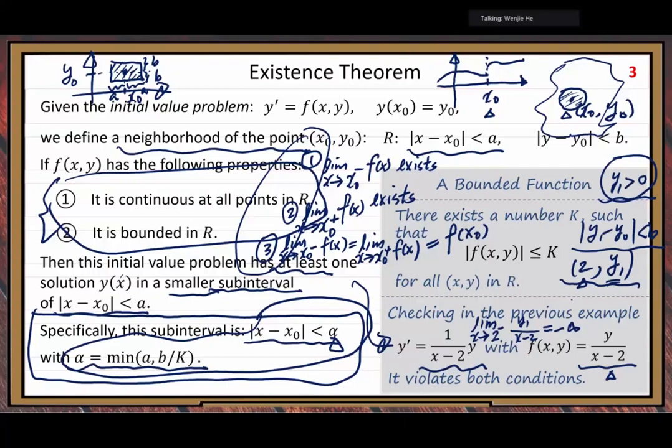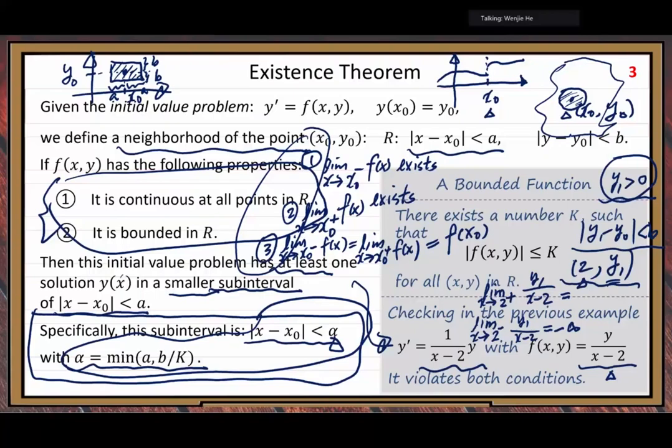Okay, then the right limit. x goes to 2, but from the right-hand side, y1 over x minus 2. y1 is positive, the denominator is also positive. From the right-hand side, x is greater than 2, so x minus 2 is a positive number, but this positive number goes to 0, so the denominator is very small.